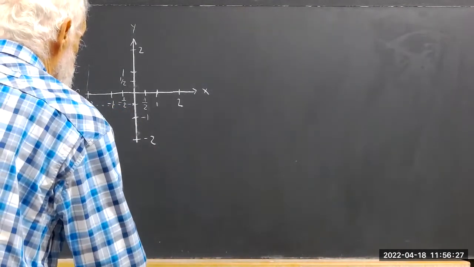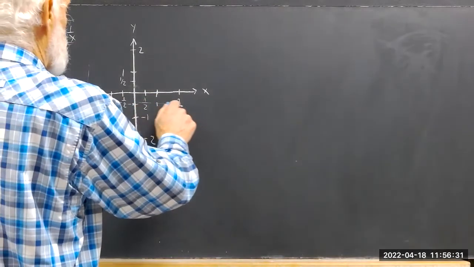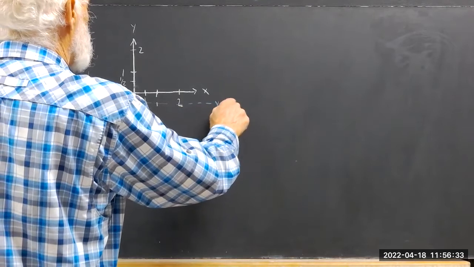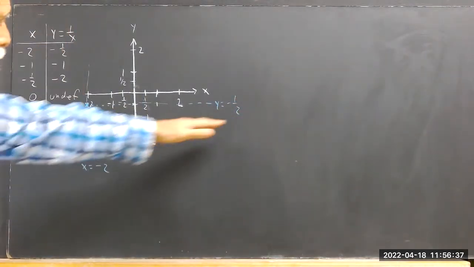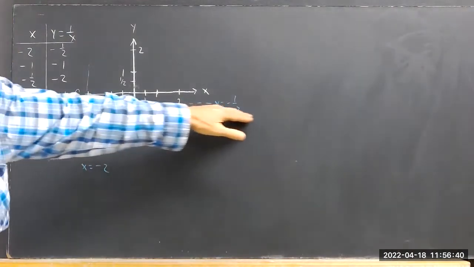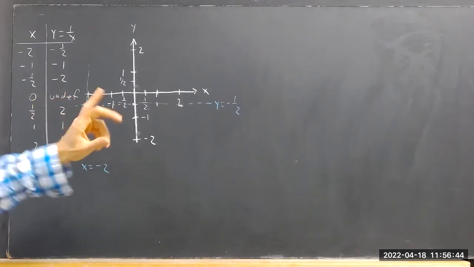And I didn't label the -1/2, but we understand that this is a line where y equals -1/2. And where the line for x equals -2 intersects the horizontal line for y equals -1/2 is our point. Now, do we understand that?